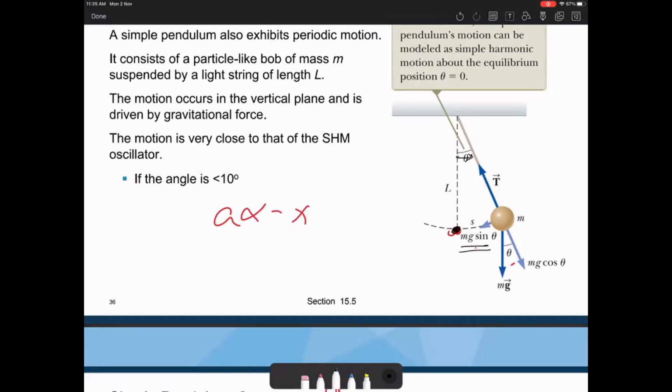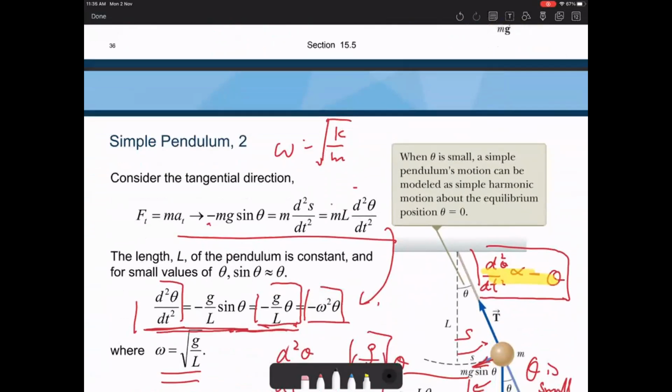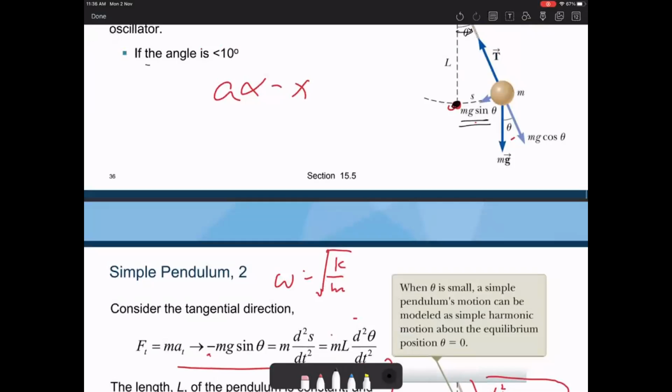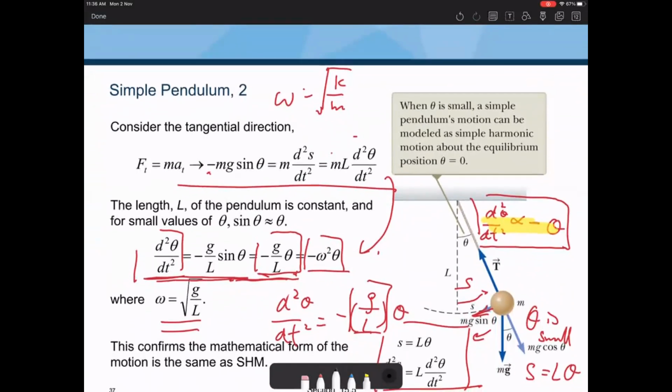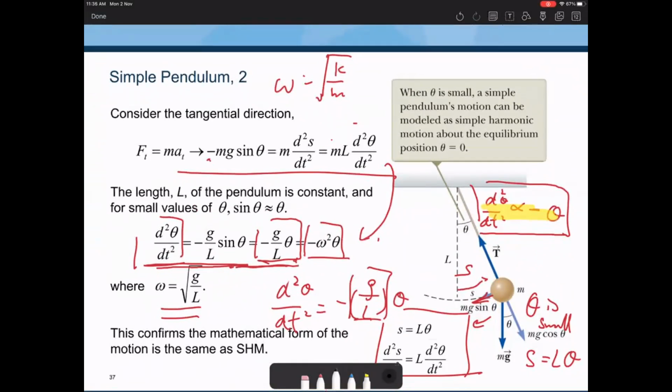And when we derive the equation for the simple pendulum, we assume that angle is small. With this assumption, we could have an approximation sine theta that is close to theta. And therefore, the second order derivative of the theta with respect to time, that is the acceleration, would be proportional to minus theta.